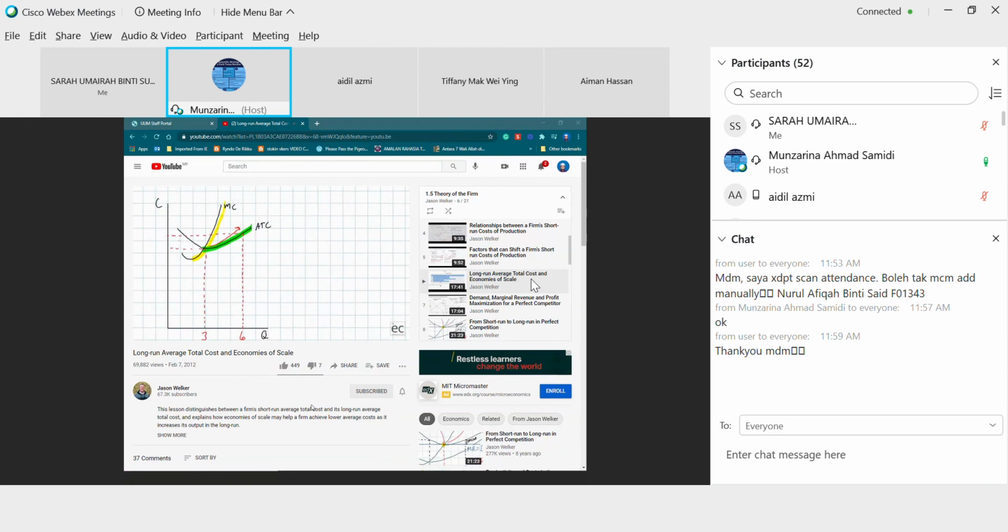As this firm wishes to increase its production to 6 units, it will face higher costs. You can see that the cost is much greater. So the question then arises, at what point would a firm wish to expand its plant size so that it can reduce its costs once again? The reason the costs are rising in this example from C1 to C2 is that there is simply not enough capital to go around.